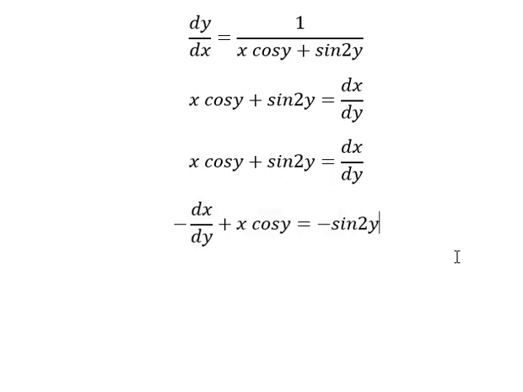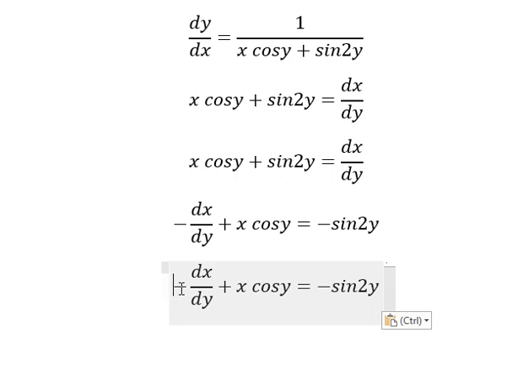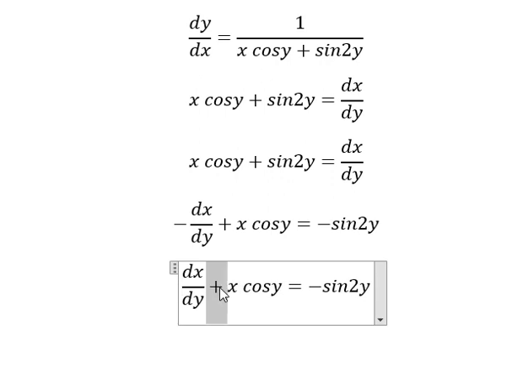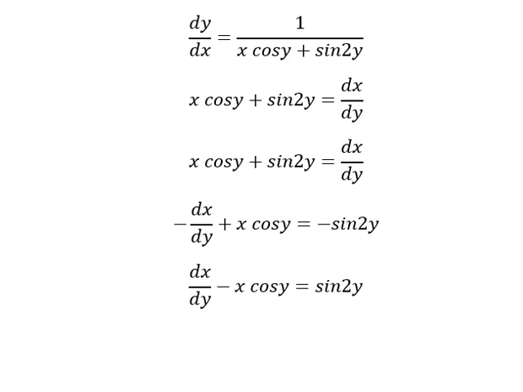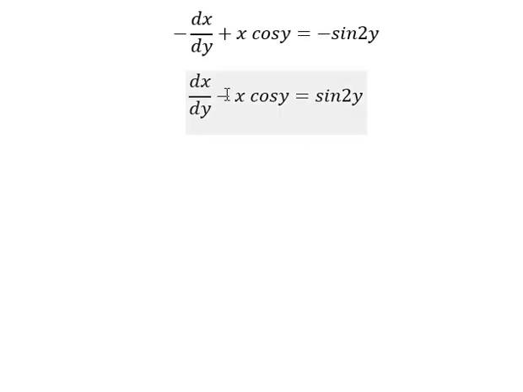Next, we need to multiply both sides by negative 1. Now, we have s and the first derivative of s.